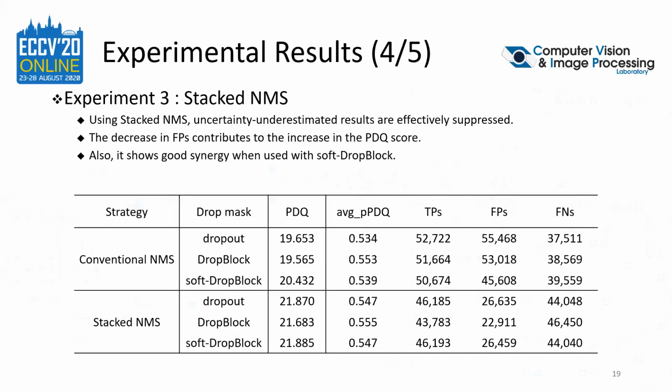This table below shows how effective stacked NMS is in multiple inferences. Stacked NMS improves the PDQ score by suppressing a great number of uncertainty-underestimated results compared to conventional NMS. In addition, we observed that soft-DropBlock exerts positive synergy with stacked NMS through the PDQ score.